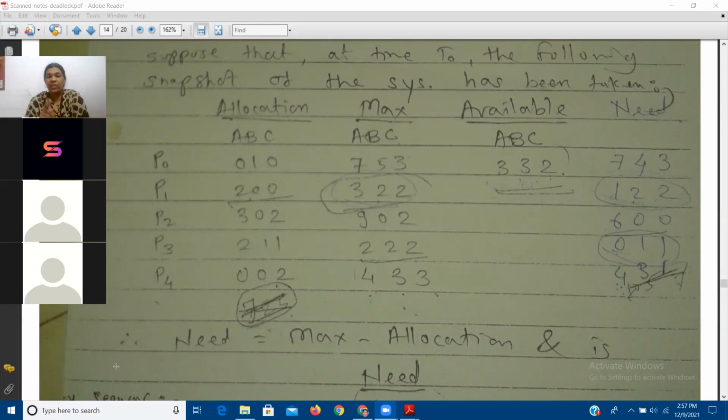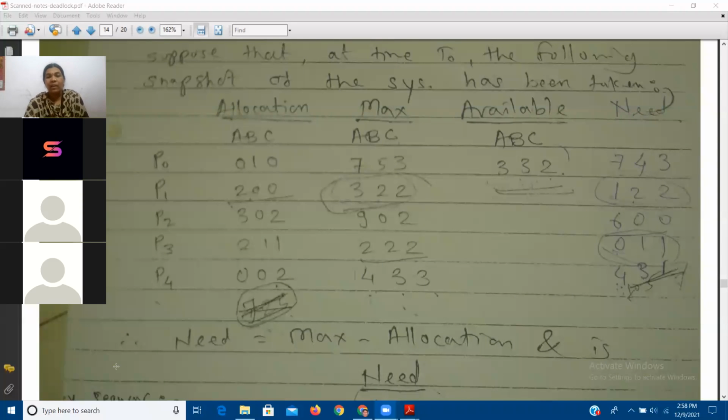Okay, so in the same fashion, I calculated the need with respect to P1. So P1's need is 1, 2, 2. How it came? That is 3 minus 2, it is 1. 2 minus 0, it is 2. 2 minus 0, it is 2. In the same fashion for P2, 9 minus 3, 6. 0 minus 0, 0. 2 minus 2, 0.